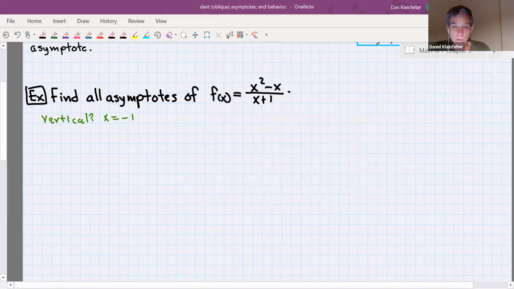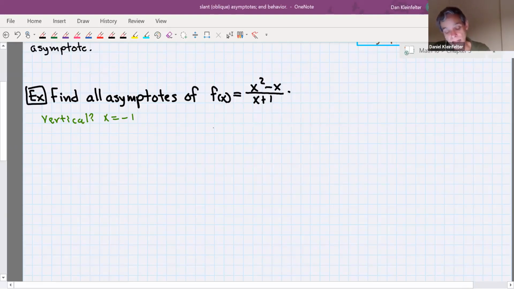What we're going to do, remember, we're interested in the end behavior of the graph, and so we want to see what happens for really large values of x. If you try plugging in values of x, you get a big number in the top and a big number in the bottom, and so it's kind of hard to interpret. So what we're going to do is actually do the division here, right? Remember this fraction that you're seeing here, x squared minus x over x plus 1, is representing a division.